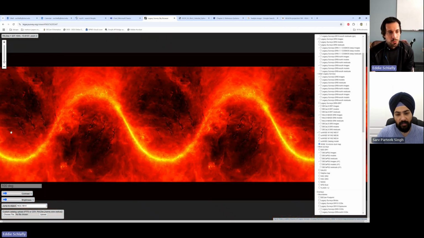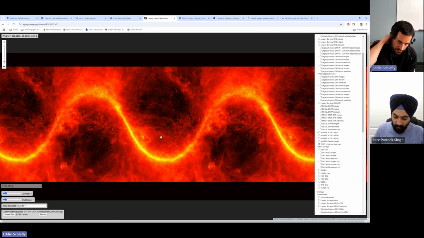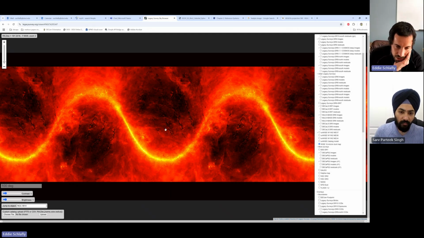Anyway, that's one more plane, and some people care about what are called ecliptic coordinates, where the equator is where all the solar system planets go around, and the pole is straight up from that. So those are the three most commonly used systems: celestial, galactic, and ecliptic.